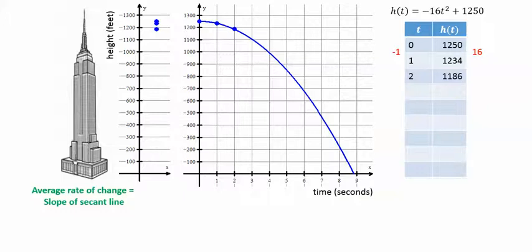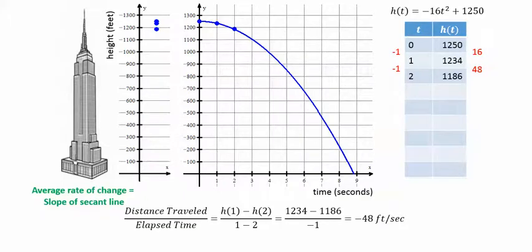At t equals 2, the object is now at 1,186 feet, and the average velocity between t equals 1 and t equals 2, calculated the same way we did previously, would be negative 48 feet per second, and this is equal to the slope of the secant line passing through (1, 1234) and (2, 1186).